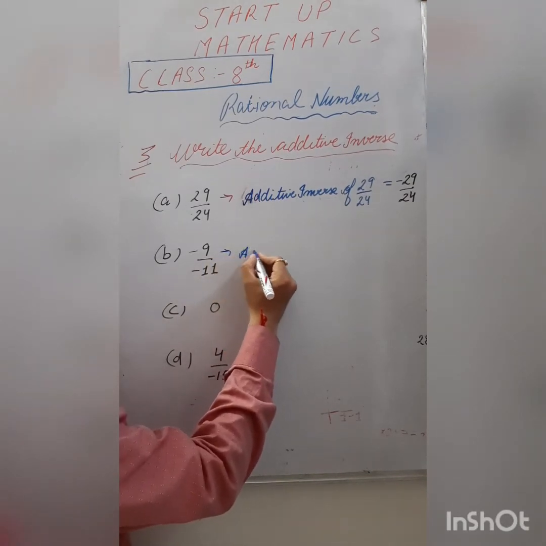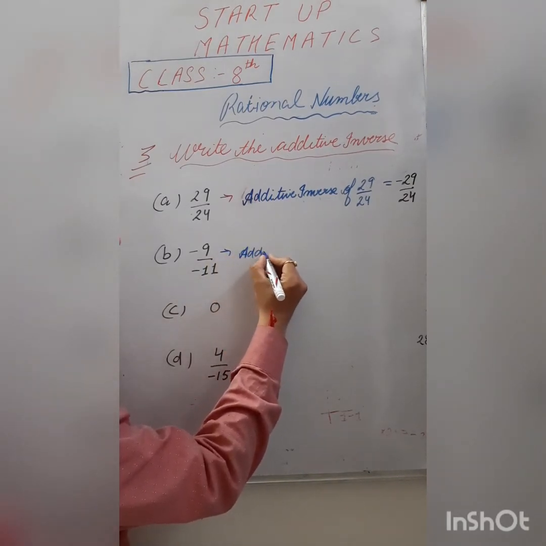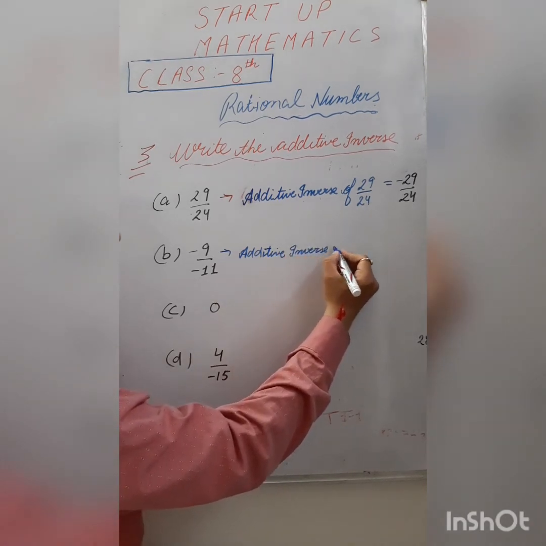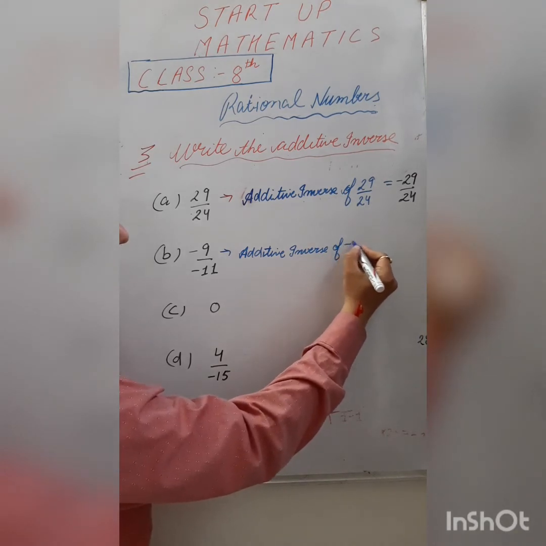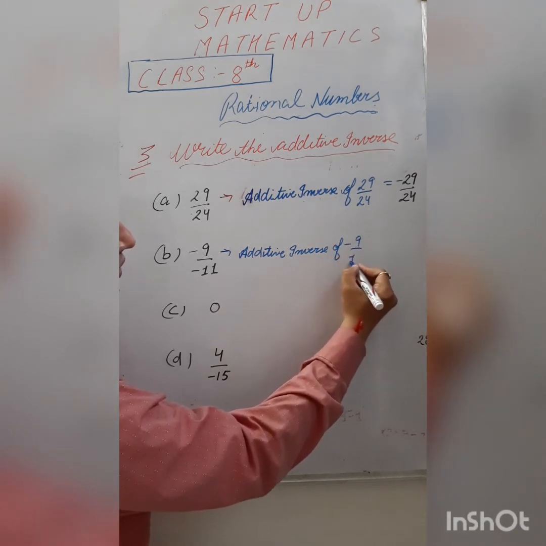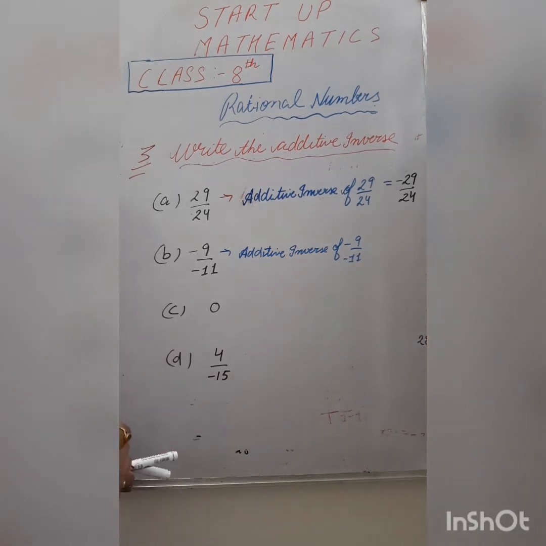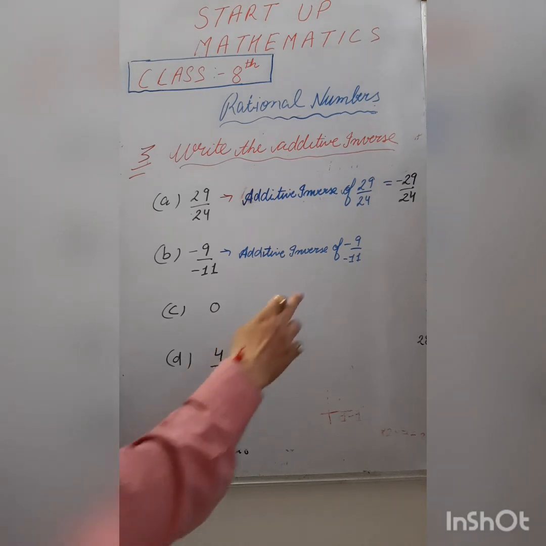So additive inverse of minus 9 upon minus 11. Here you can say there are two signs, one with numerator and one with denominator. So what type of number is it? If both numerator and denominator have the same sign, you can remove the sign.